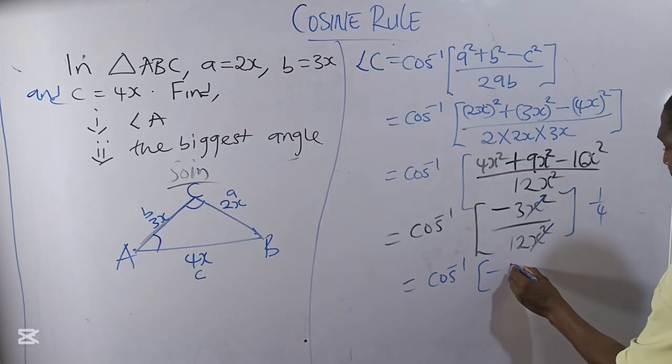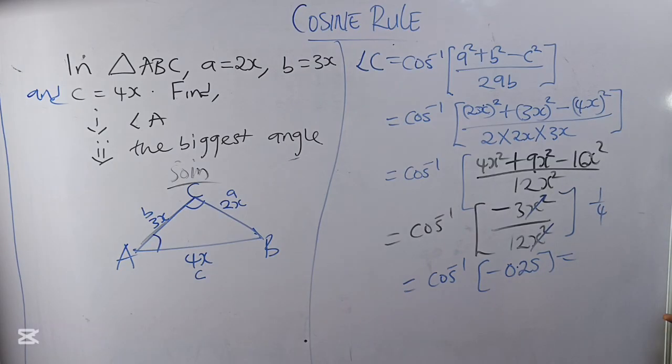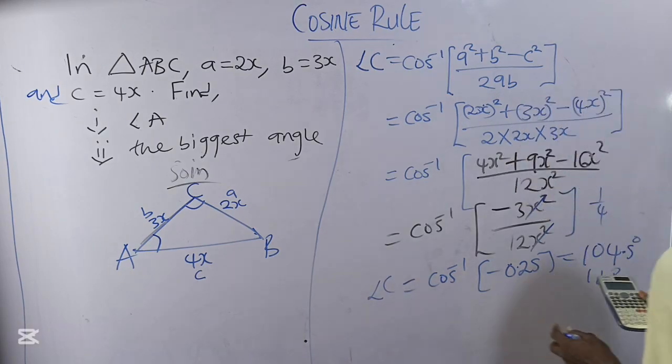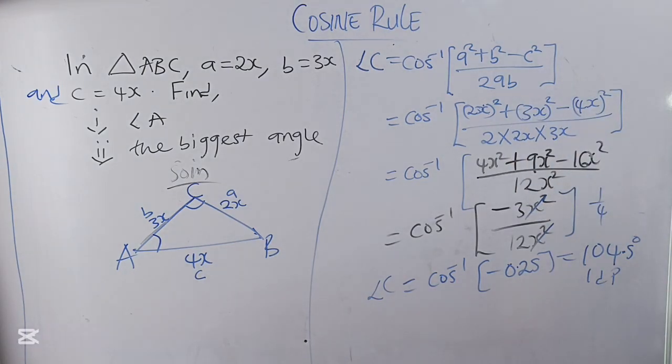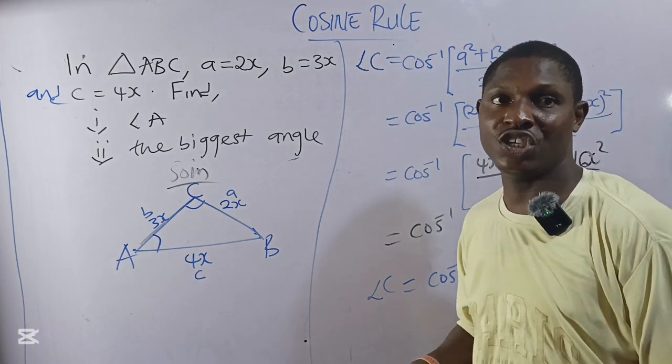And if I divide, I have minus 0.25. So cos inverse of minus 0.25 will give me 104.5 degrees to 1 decimal place. So my angle C is equal to 104.5 degrees. So this is the solution to this. Thank you.